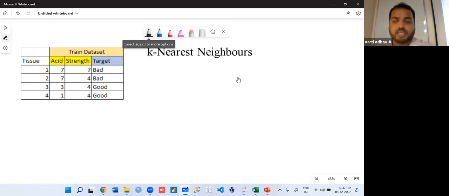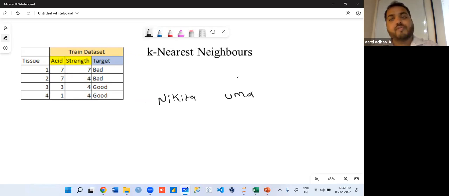Okay, I'll just take a hypothetical situation, guys. Let's say we have Nikita, we have Uma, and we have Sarang. All 3 are present. How much marks did you score in semester 1? Percentage? 90%.